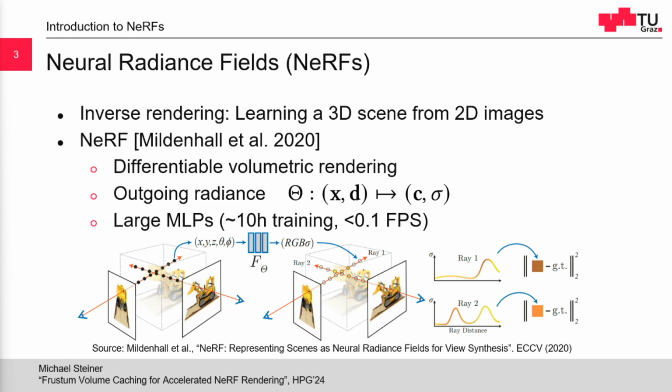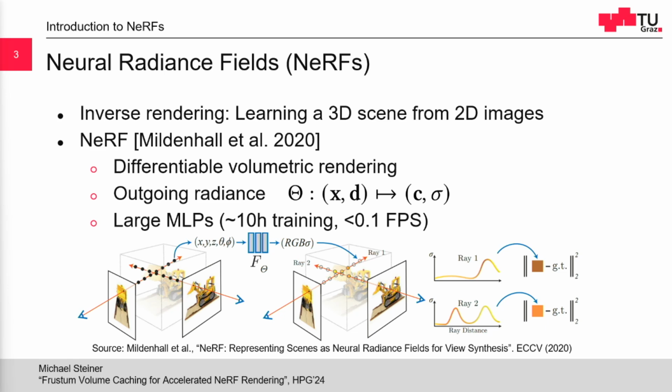The original NeRF paper from 2020 used differentiable volume rendering, ray marching, and evaluating a network for each sample, with input a 3D sample position and view direction, and the output being outgoing radiance, so color and density. And accumulating this up per ray and comparing it to the ground truth image allows you to learn this representation.